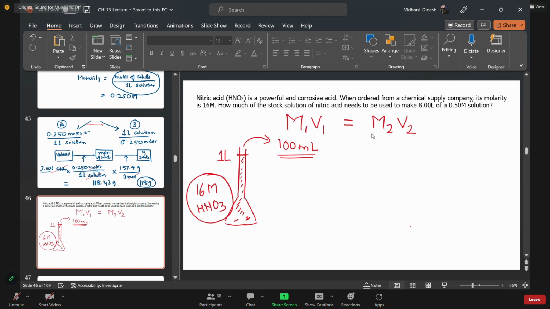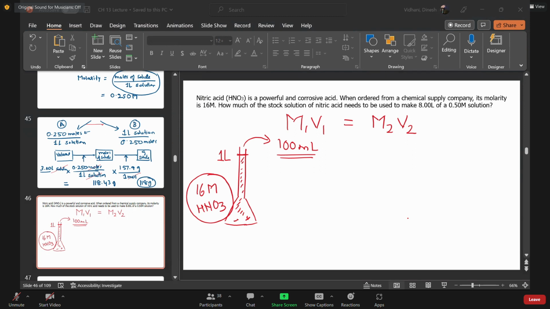That means 1 liter has 16 moles. That's what it means. Now I'm taking 100 ml. Very good, Roberto. You are right. So when I take 100 ml, I am taking 1.6 moles of nitric acid.